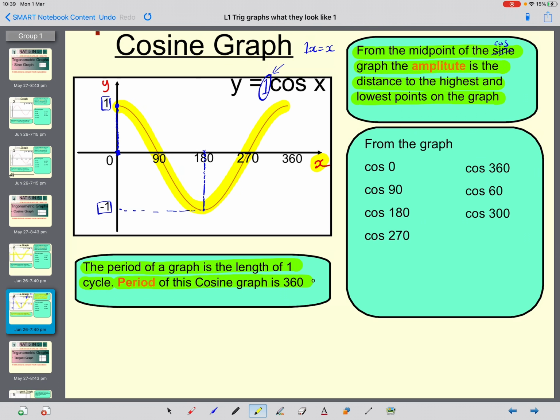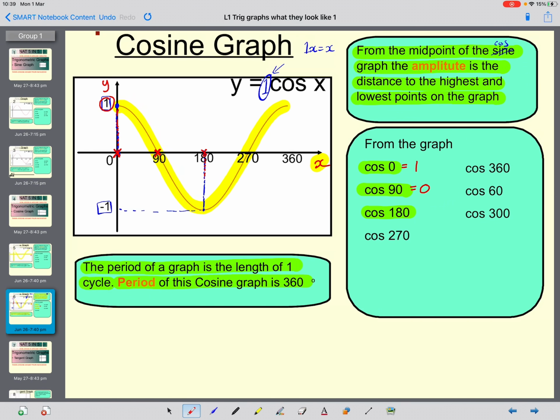If I look at cos 0, the x is 0, so your y is going to be 1. If you type cos 0 into your calculator, your answer is 1. If I look at cos 90, you can see 90 on the cos graph cuts at the x-axis, so your y is going to be 0. Cos 180 is here.